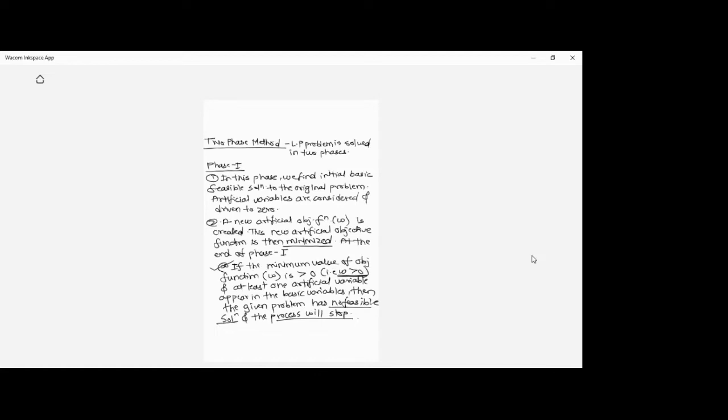But what about phase 2? Phase 2 also we have to take into consideration.